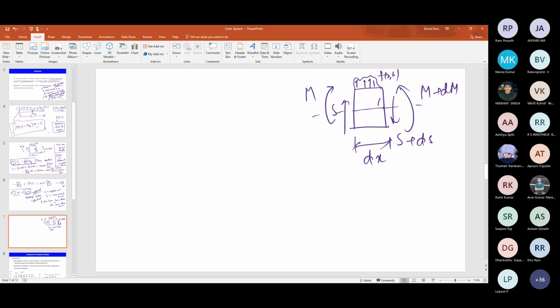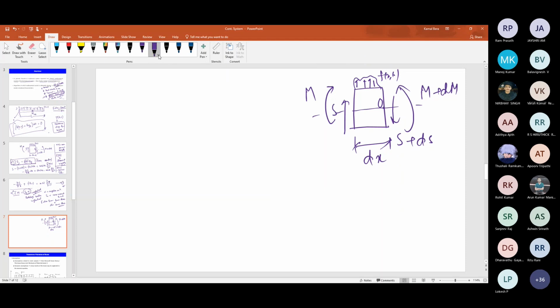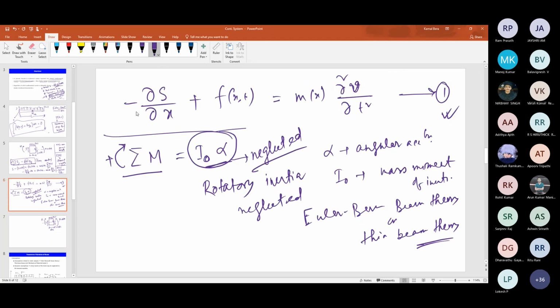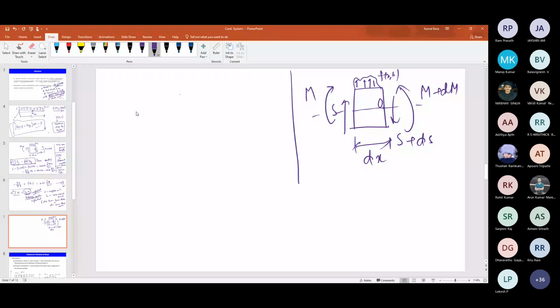We are taking moment about this point O. That will equate to 0, because I am neglecting the rotatory inertia or rotary inertia effect. So what should I write here?